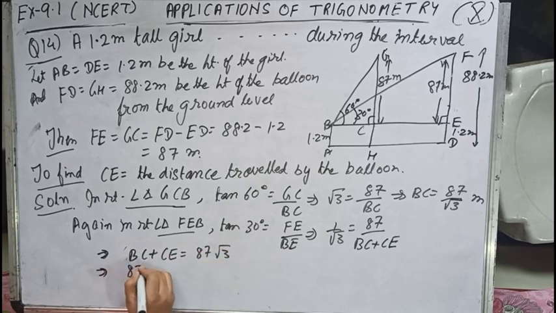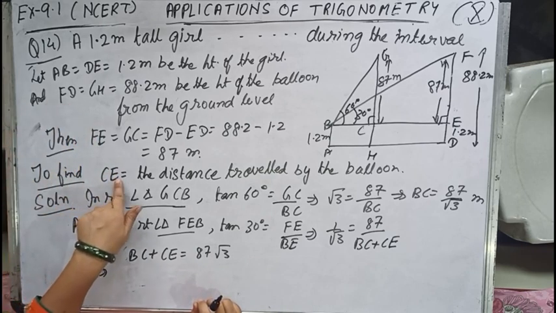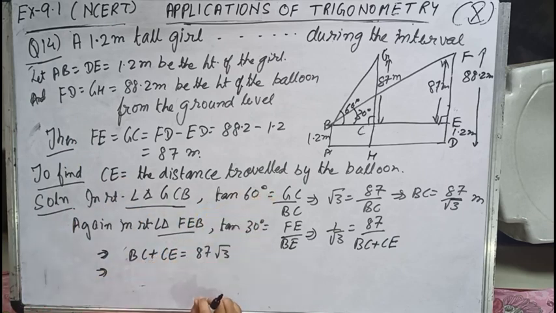This implies 87 by root 3 plus CE. We have to find BC plus CE. BC plus CE is 87 root 3. Directly also we can get it over here, no need of the other triangle. In the question it is asked to find CE, the distance traveled by the balloon. Oh no, we have to find the length CE. So BC plus CE equals 87 root 3 by cross multiplication. So let us put the value from equation number 1.